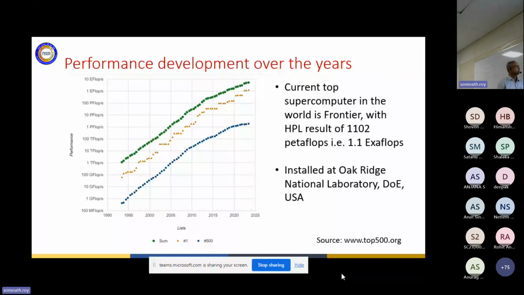So here the range is 1 gigaflop to 100 gigaflops. If you go further, the range could be 100 teraflops to 10 petaflops. This line is the sum, which we can ignore. That's the cumulative power of the top 5.